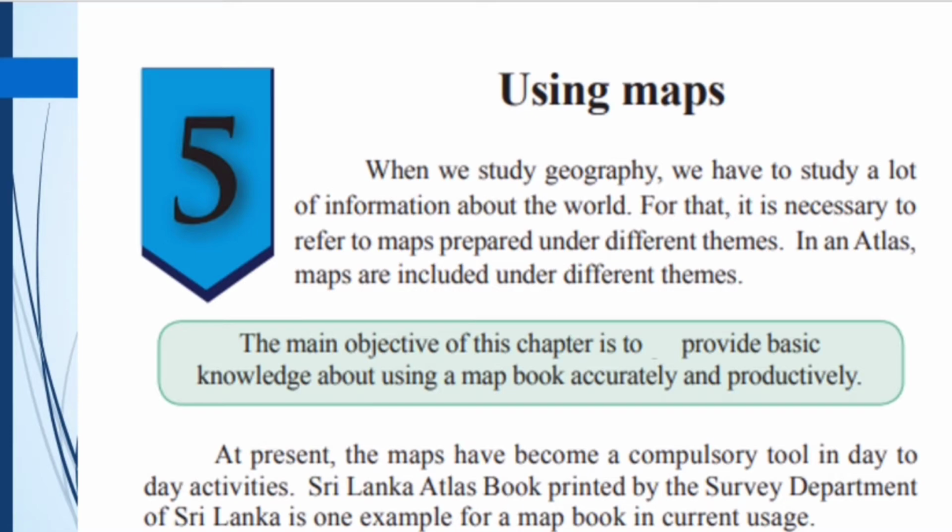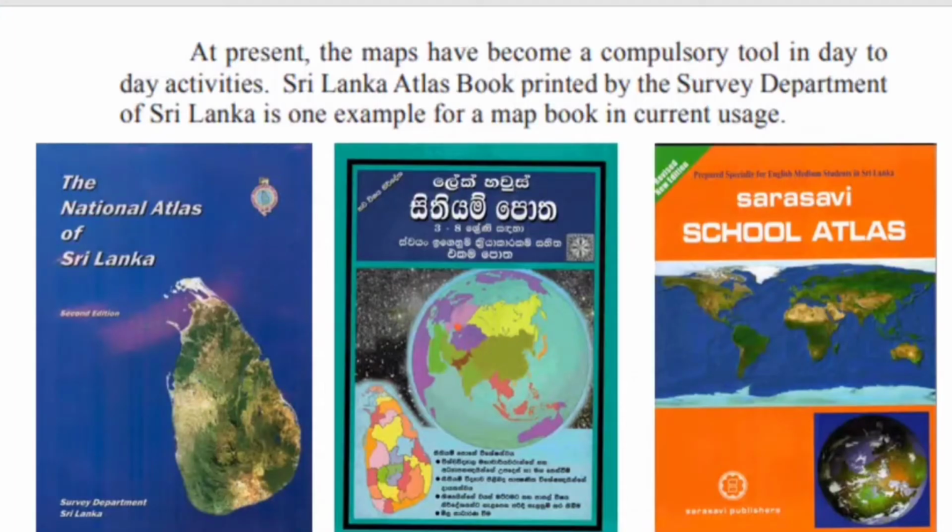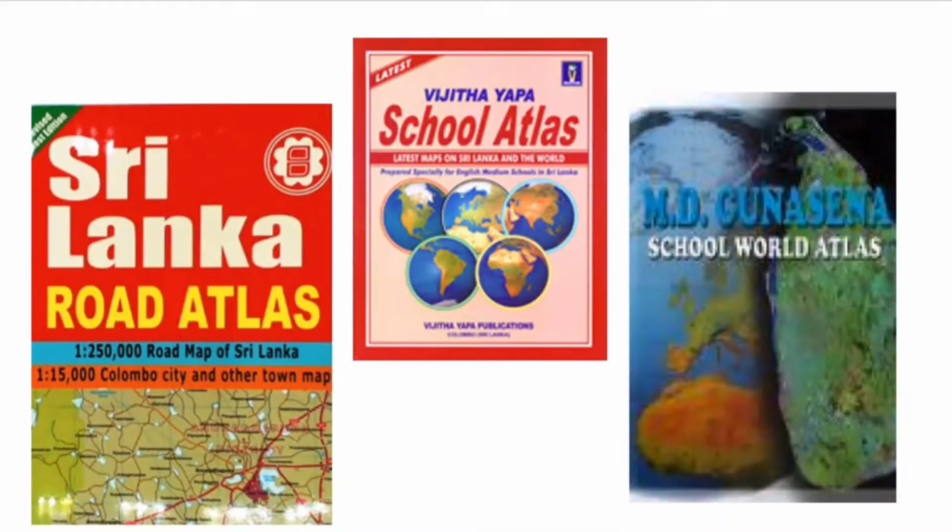current usage. So this is a copy of the National Atlas of Sri Lanka, 2nd edition, printed by the Survey Department of Sri Lanka. Apart from this book, we have the Lake House Sitiyampotha, Sarasavi School Atlas, Sri Lanka Road Atlas, Vijayapa School Atlas, and M.D. Gunasena School World Atlas.